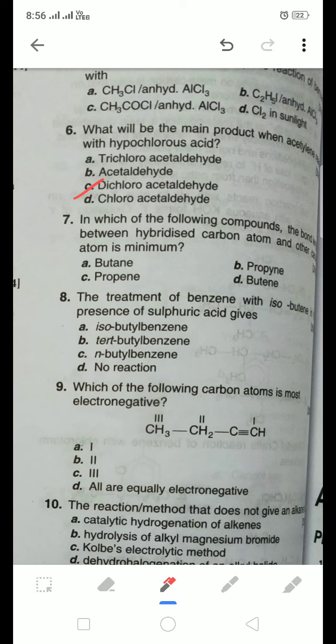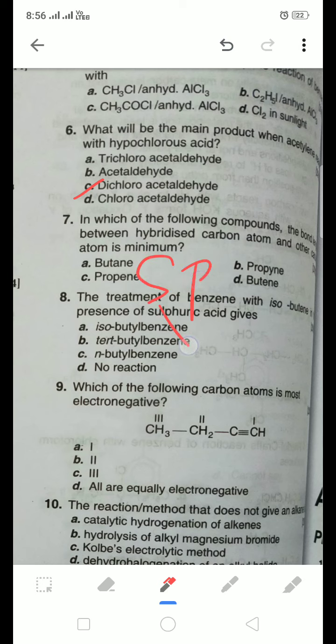Next question. In which of the following compounds is the bond length between the hybridized carbon atom and the other carbon atom minimum? Butane, propyne, propene, butene. The bond length is minimum when there is a triple bond, because a triple bond has sp hybridization.